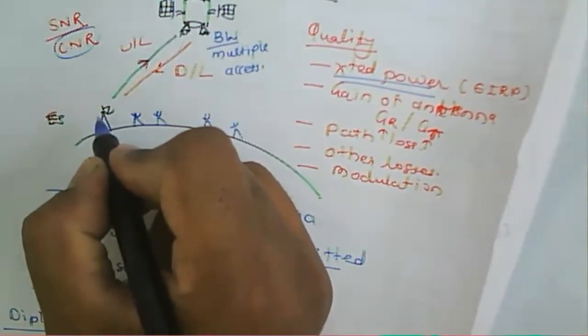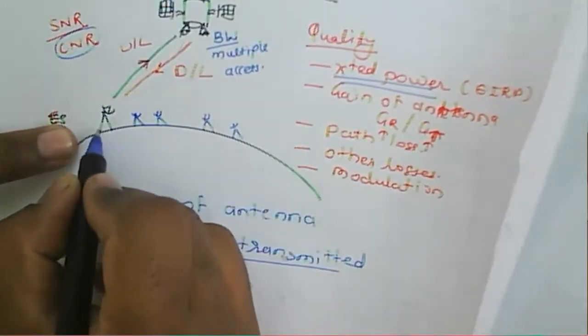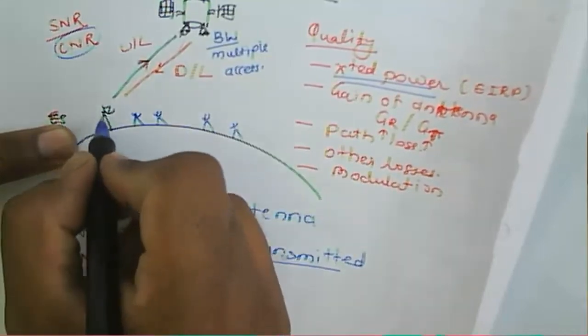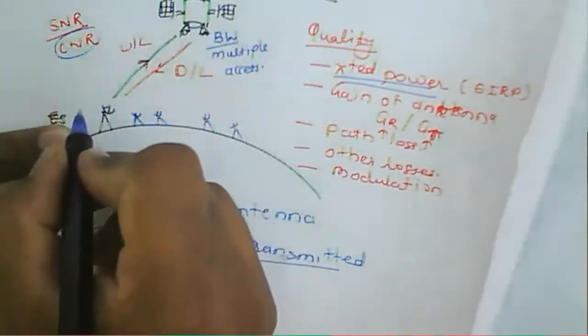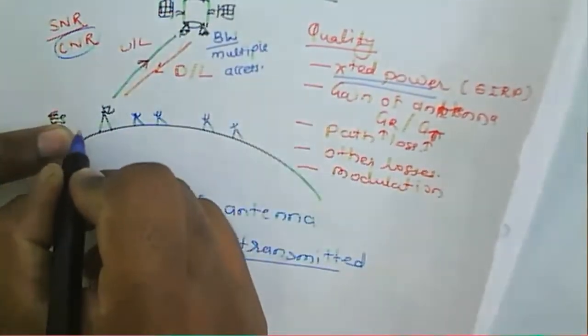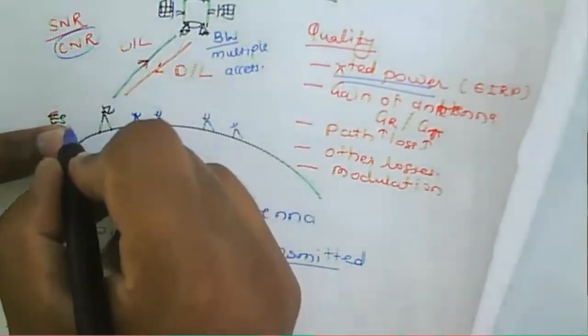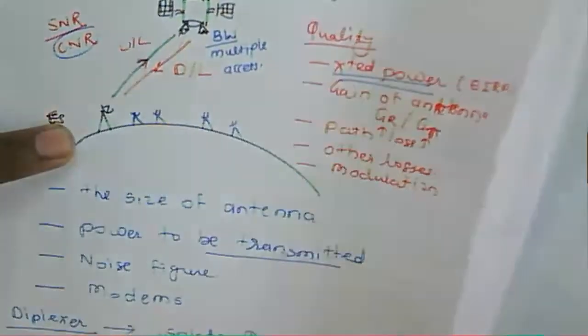In an earth station they have the power amplifier. That power amplifier produces that much power, so that the antenna will transmit the signal there. So we should know first what the antenna gain is here.